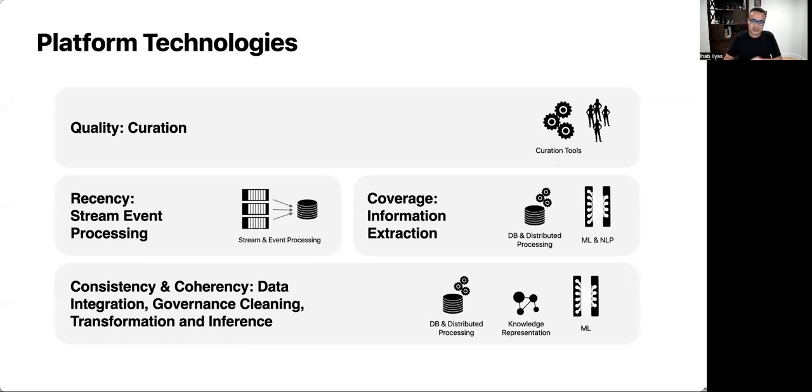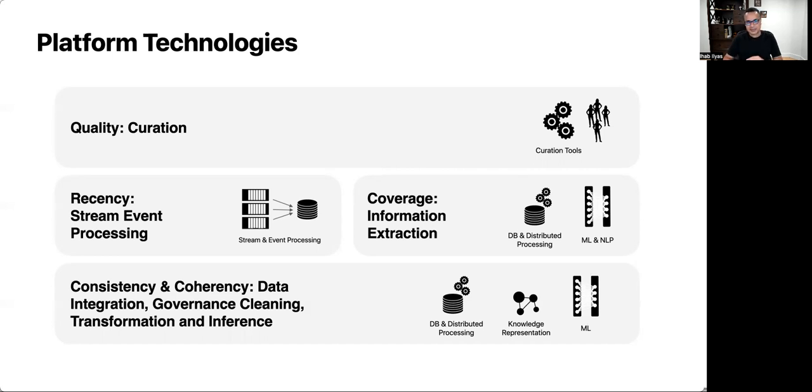But also we care about integrating stream engines with this to deal with our live streams, and NLP and information extraction systems to achieve coverage, because not all the information we need comes on a silver plate in structured format, and we need to go and play fetch and get what we need from unstructured representations of this information.